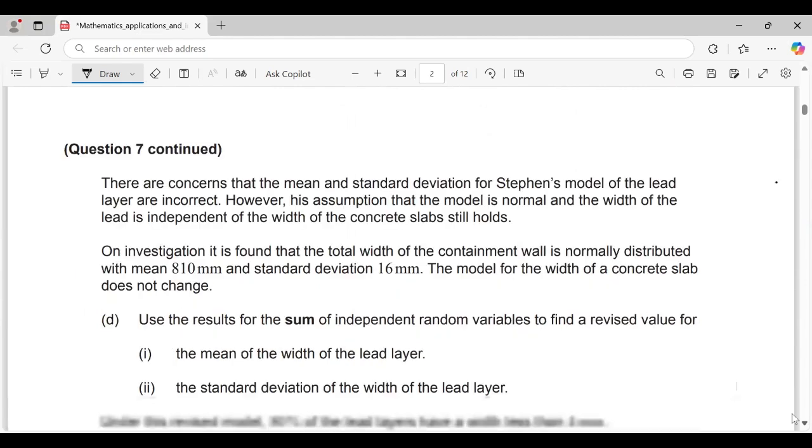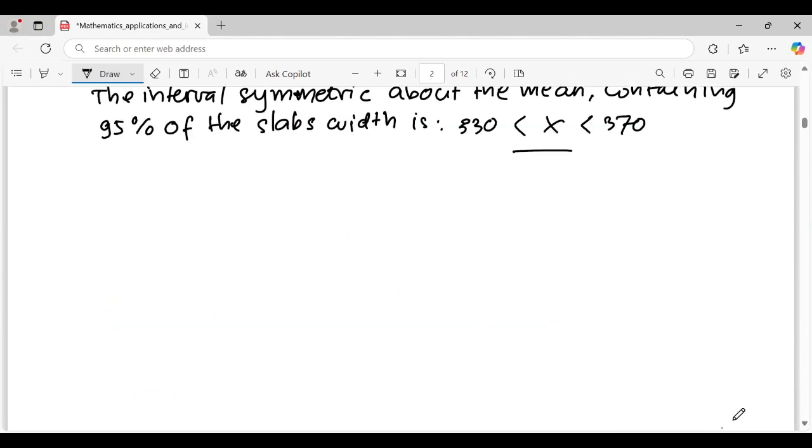Okay, let's see. C part one. All right. Given that, mean W equals mean x1 plus mean x2 plus mean of the lead layer.